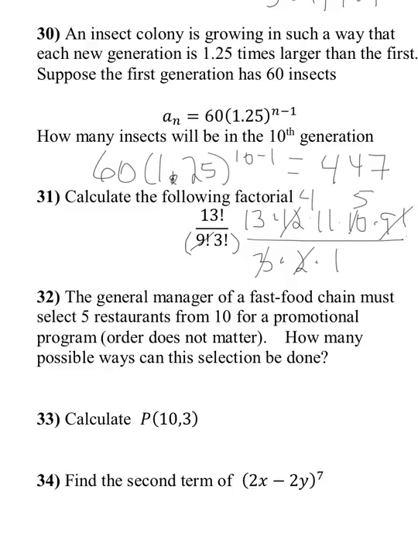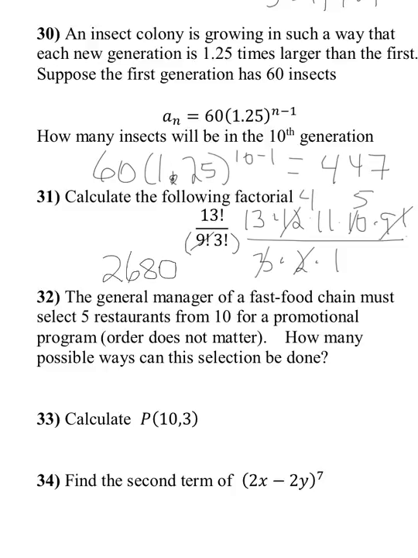Okay, so I reduced the 3 with the 12, I reduced that to 4, and I reduced the 10 and the 2, I reduced that to 5, and then I'm just going to multiply 13 times 4 times 11 times 5. And I get 2,860.